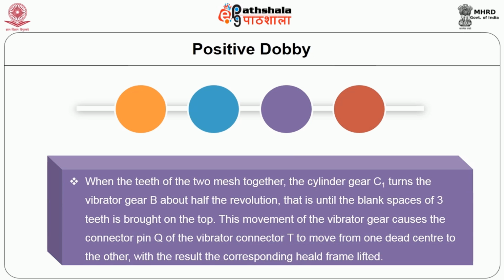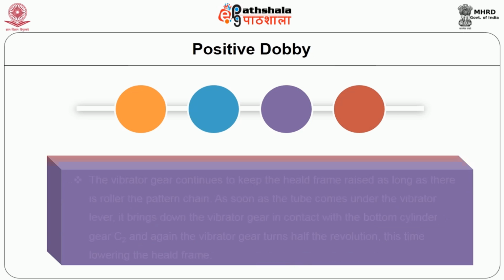When the teeth of the two mesh together, the cylinder gear C1 turns the vibrator gear B about half a revolution, that is, until the blank space of 3 teeth is brought to the top. This movement of the vibrator gear causes the connector pin Q of the vibrator connector T to move from one dead center to the other, with the result that the corresponding heeled frame is lifted.